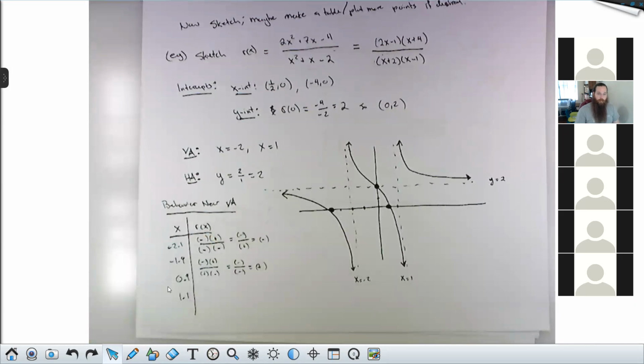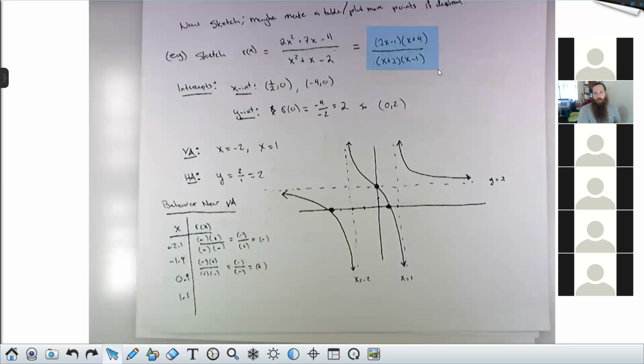And you can get there using tables if you're unsure after you find these things, or, and what I really recommend, is using the information about multiplicities. As you jump over a graph feature coming from an odd multiplicity factor, you will always change sign, whether that's an x-intercept, a root on a polynomial, an x-intercept or a root in a rational function, or a vertical asymptote on a rational function.